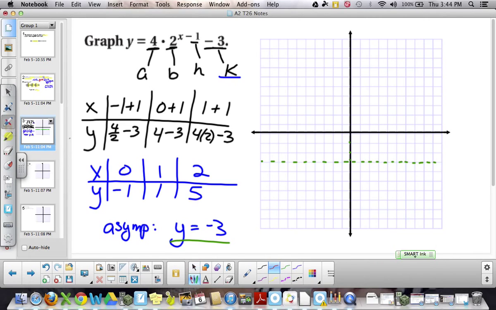Then we plot the 3 points: 0, negative 1 is here, 1, 1 is here, and 2, 5 is here. And now we're ready to draw our graph. We're going to start along the asymptote on this side and curve up through those 3 points, making our J-shaped curve, just like before.